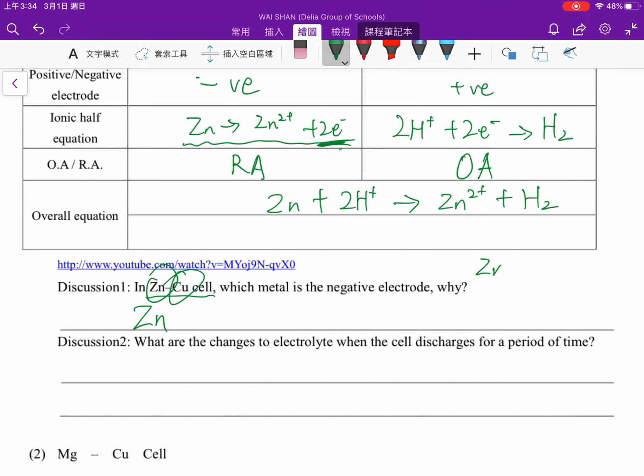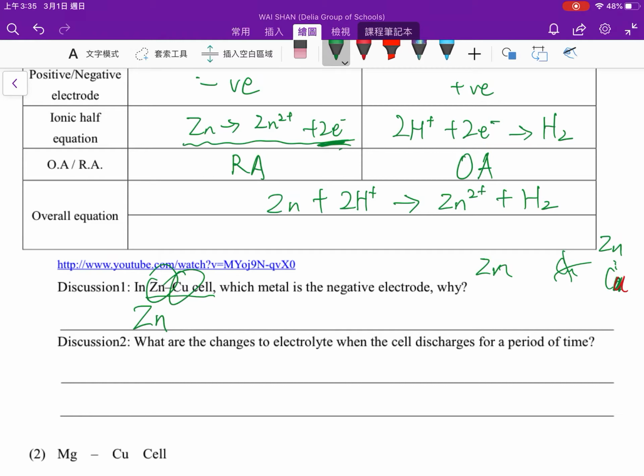According to what you have learned in Form 4, the chapter on metals, can you explain why zinc will lose electron but not copper? It's because in the metal reactivity series, zinc is above copper, and that means zinc is more reactive than copper. So zinc will lose electron more readily, okay? And you can also refer to the ECS.